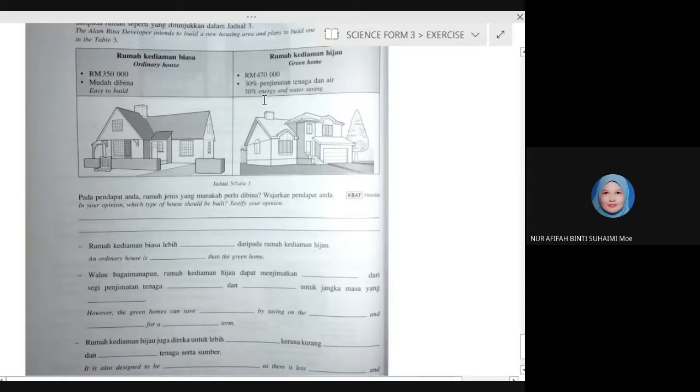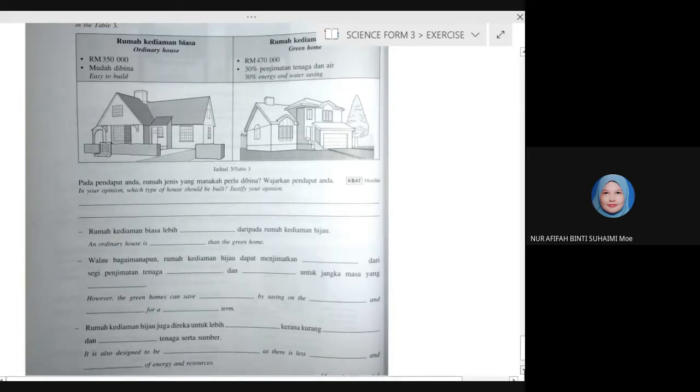And this one got 30% energy and water saving. So fikir sendirilah, you pilih yang mana. Yang murah, dengan energy saving dia high, or energy saving dia low. Ada dia punya energy saving, yang ni tak ada energy saving.